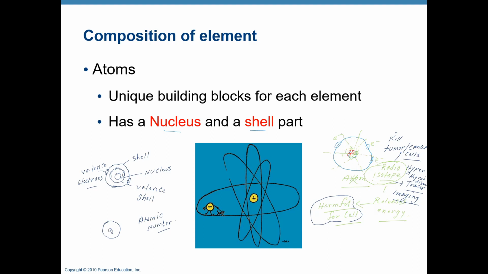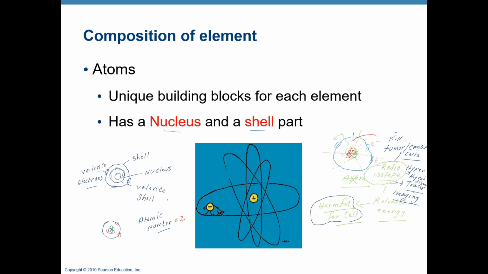If this atom has 2 protons, and of course this has 2 neutrons and 2 electrons. Okay, so the atomic number is 2. In this case, the atomic number is what? 2, because it has 2 protons. If this one, we talked about this before, has 3 protons, right? So the atomic number of this atom is 3.